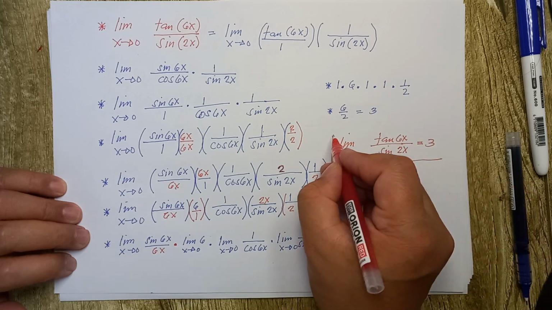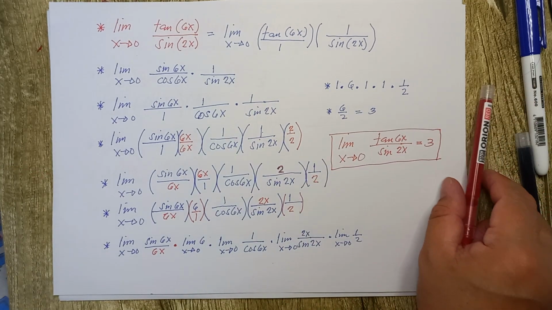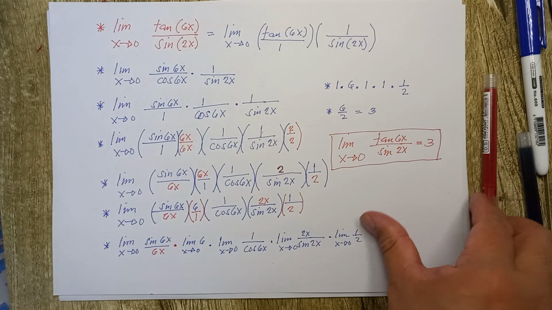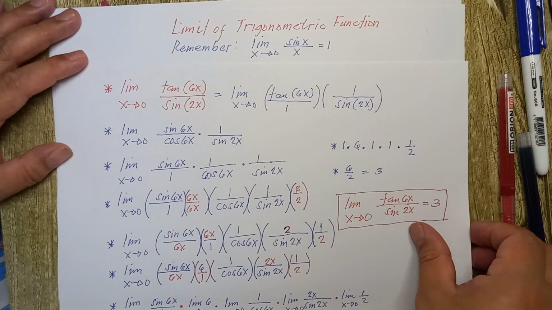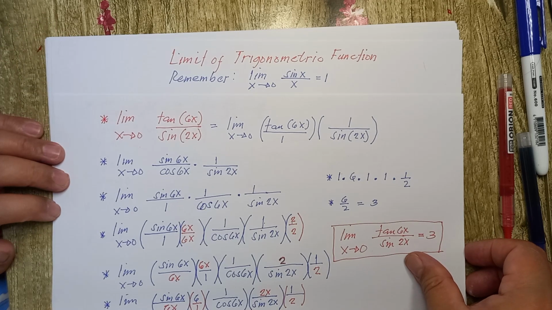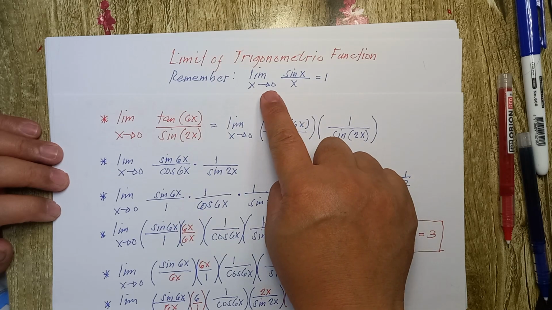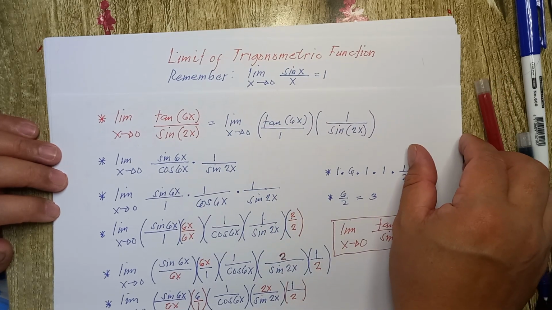So that is the result. I hope you understand how to apply the theorem regarding this limit on sine trigonometric function, that is the limit of sine x over x as your x is approaching 0 is equal to 1.